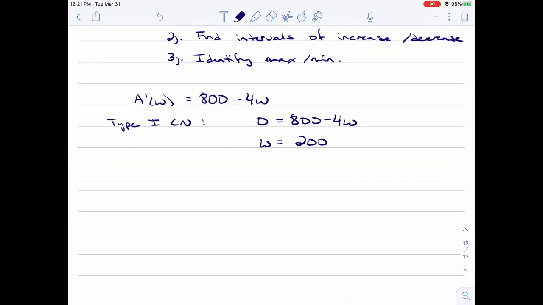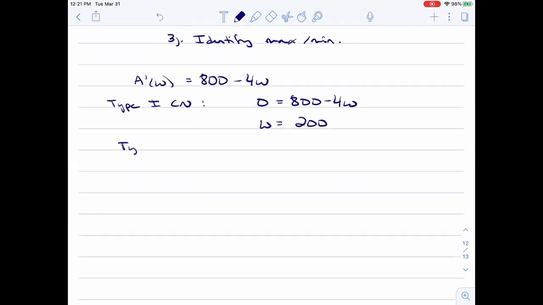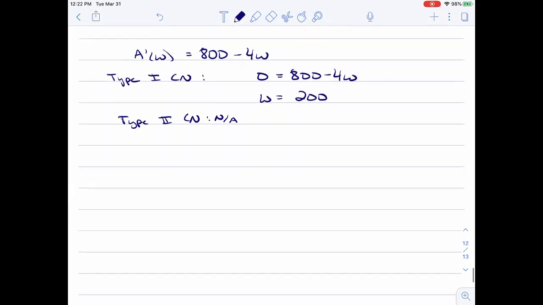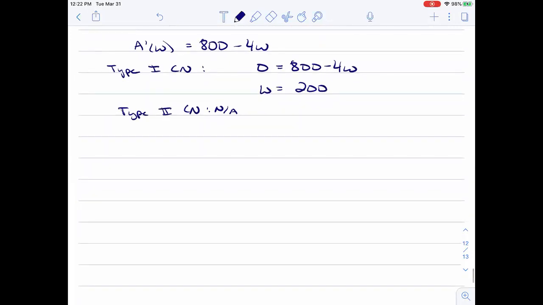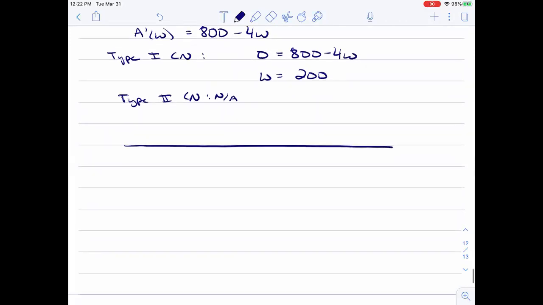We already determined that, and we already said that type 2 critical numbers are not applicable. So what do we do? To use the first derivative test, I've got a number line here. I know I can't be less than 0 and I can't be more than 800. Put 200 on here somewhere.